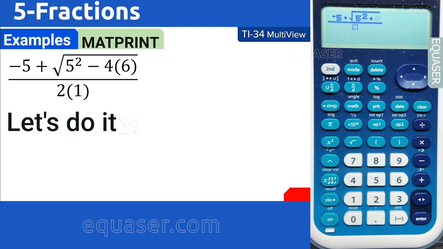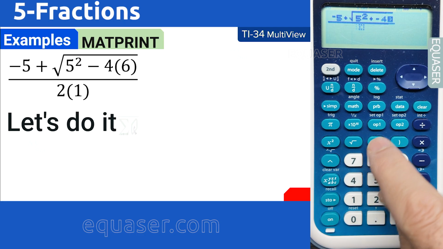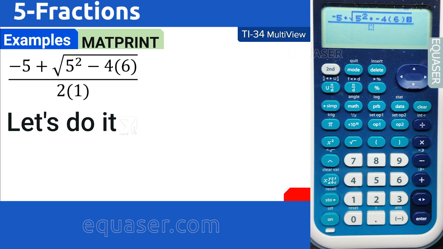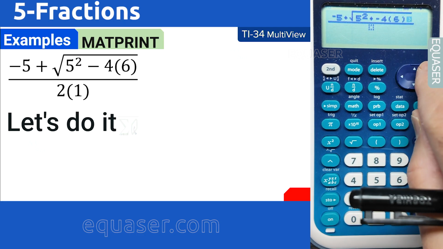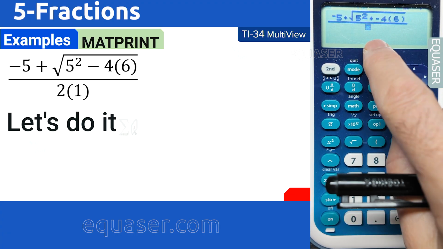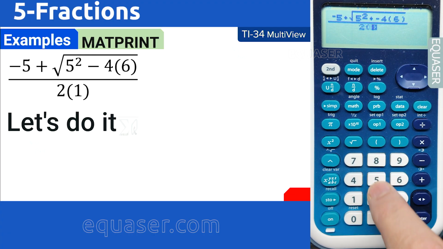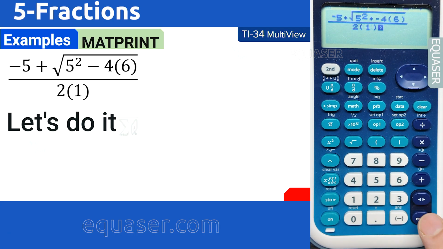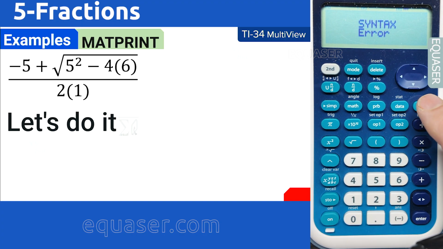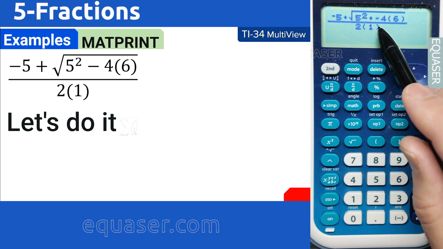It automatically exits. And then minus, I use this -4, open parenthesis, 6, close parenthesis, and then with the arrow go to the right, it comes to the bottom, and then 2, open parenthesis, let's say 1, this is just an example. Press enter, it says syntax error, and press clear, it will take you to where the error is.